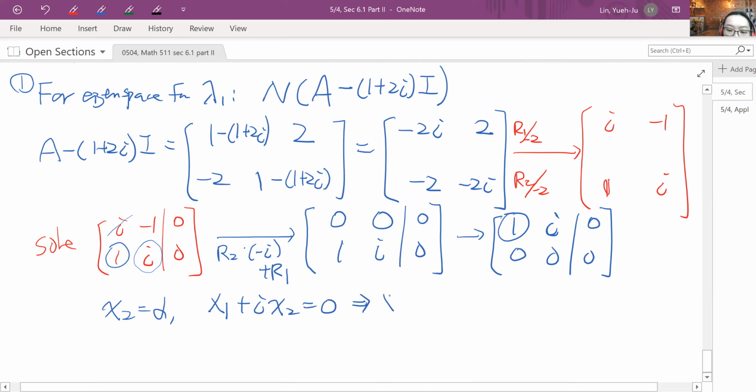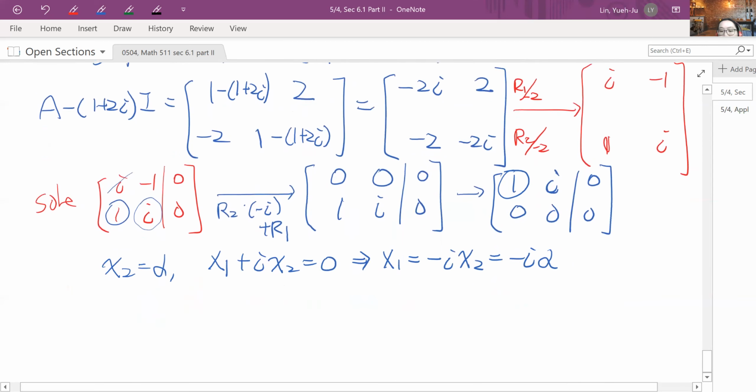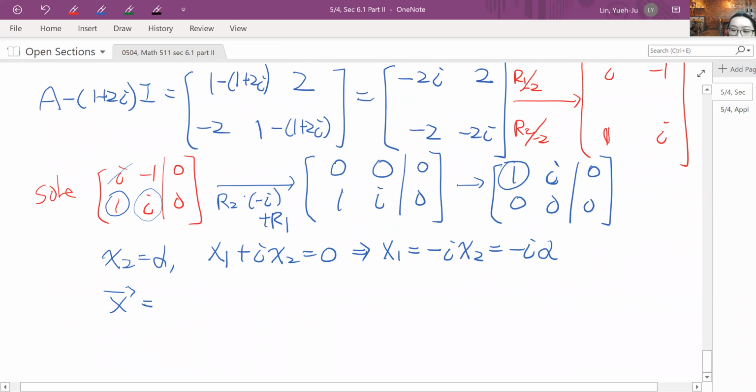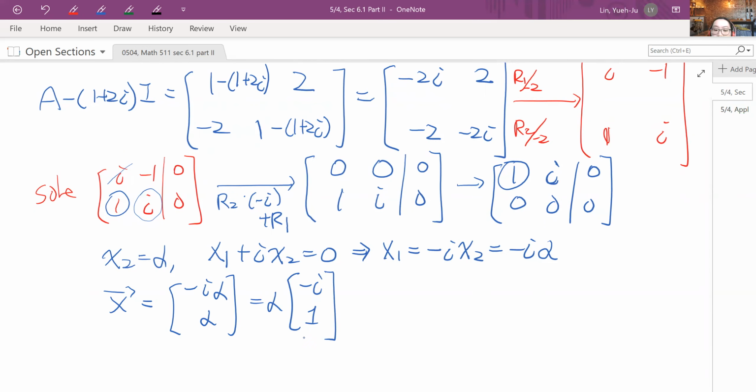So this tells me x1 is minus i x2, which is minus i alpha. So my solution looks like alpha times the vector minus i, 1. So you can see that the basis in this case would be minus i and 1.